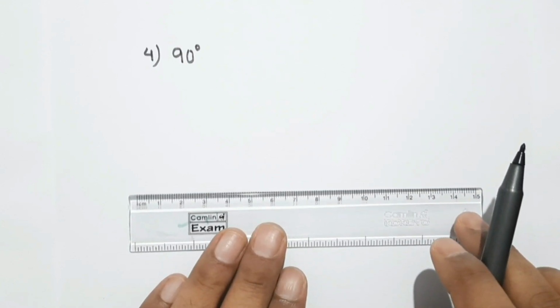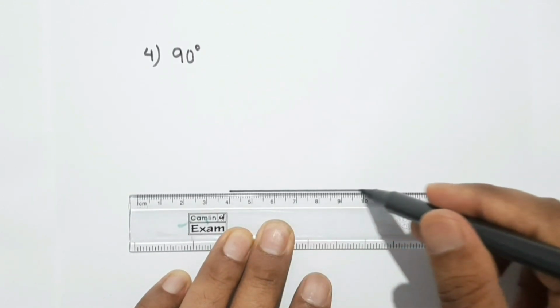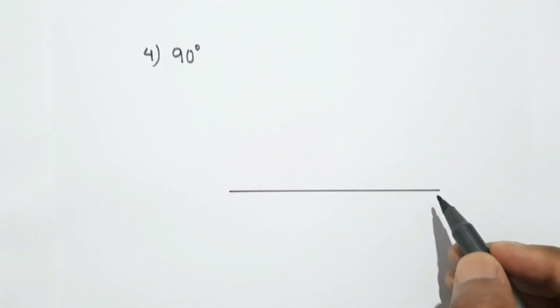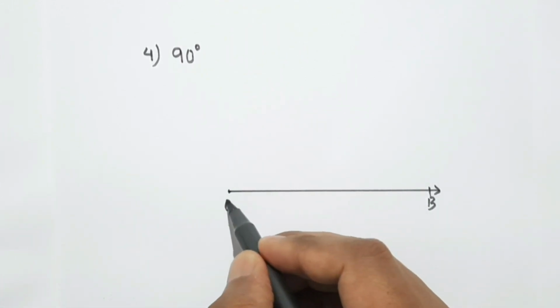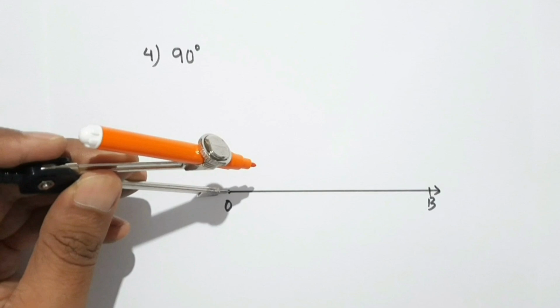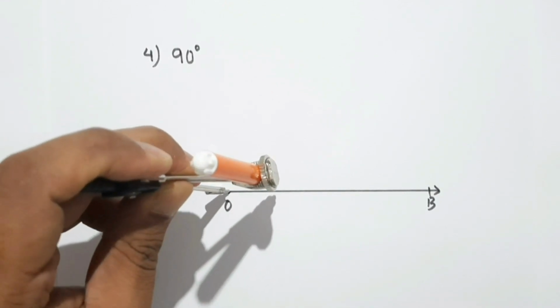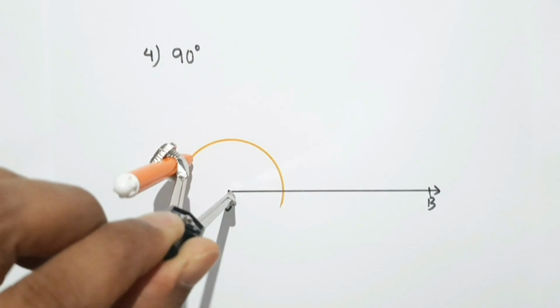Okay, this is also the same. First we are going to draw the base. So this is our base of the angle and I'll name this OB. So our first step is the same. We will take O as a center and with some radius, we will draw a semicircular arc like this.